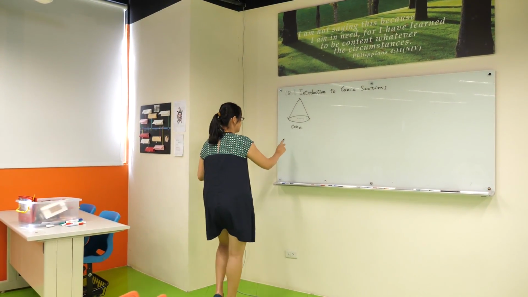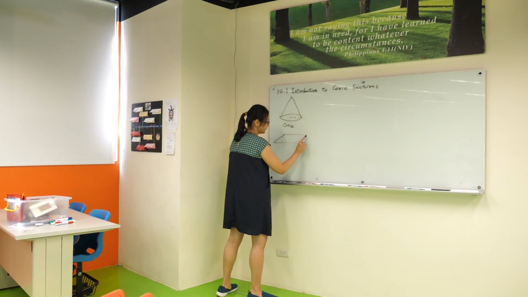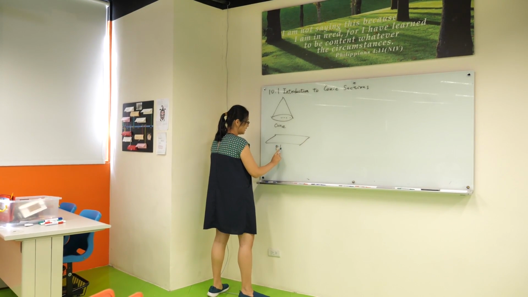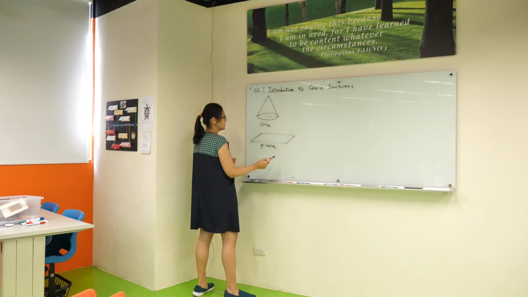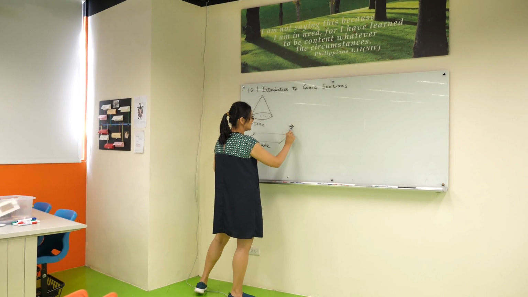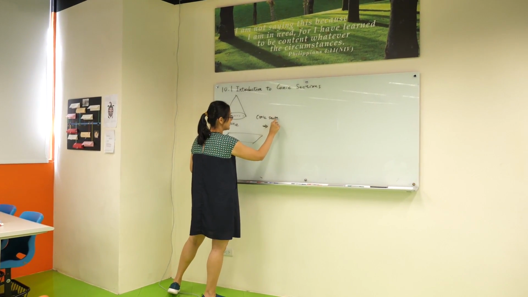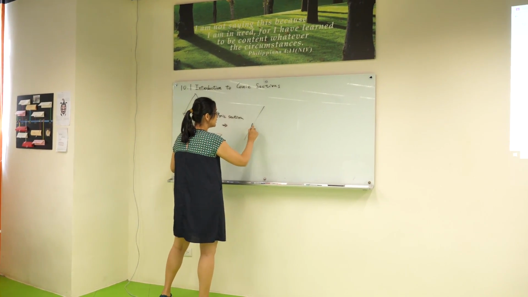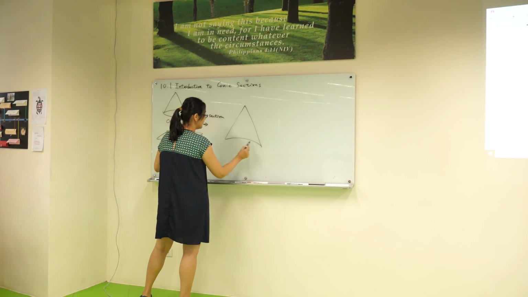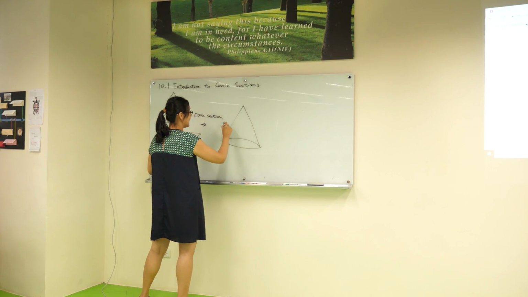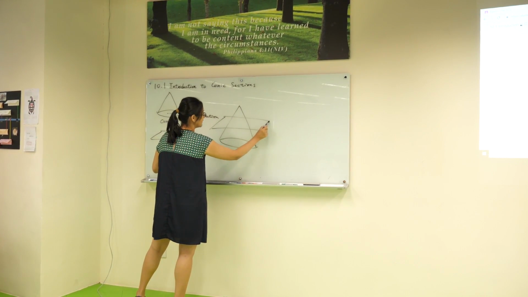Conic sections are the intersections of planes. So what are the planes? The planes are things like this. It can be at any dimension. So the conic section is actually the different kinds of intersection between a plane and the cone.